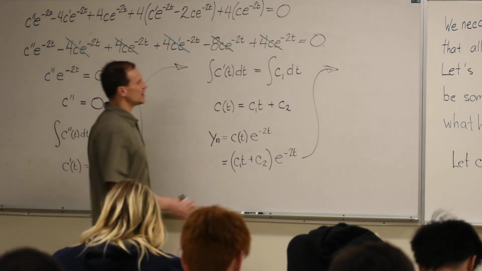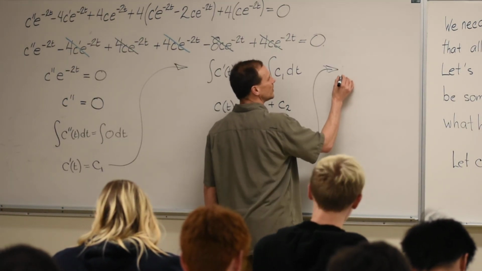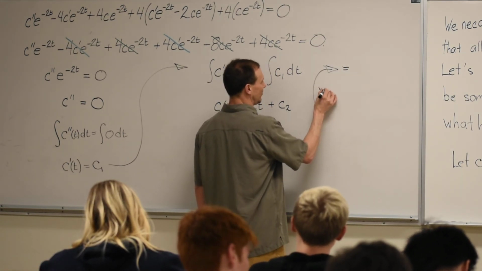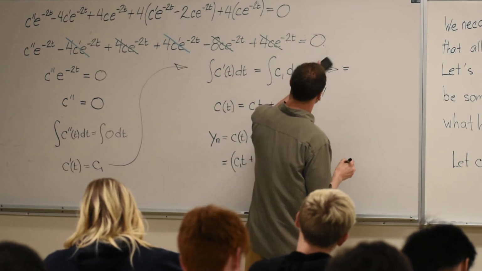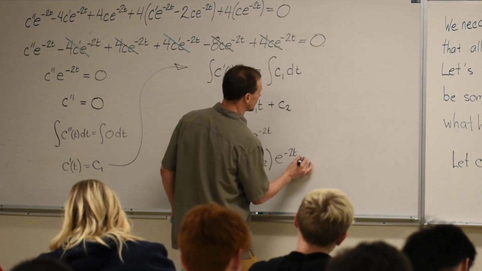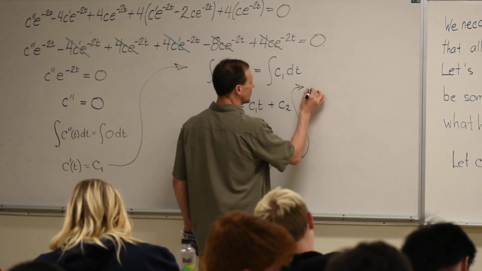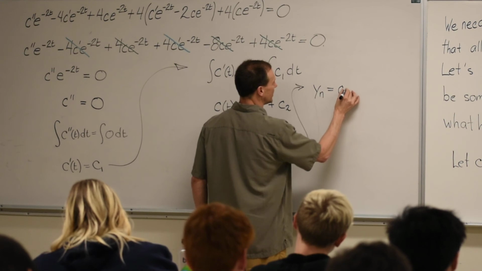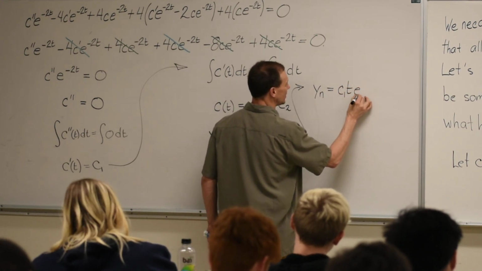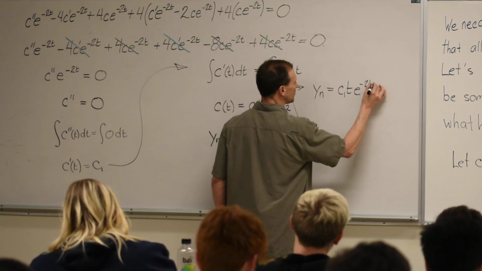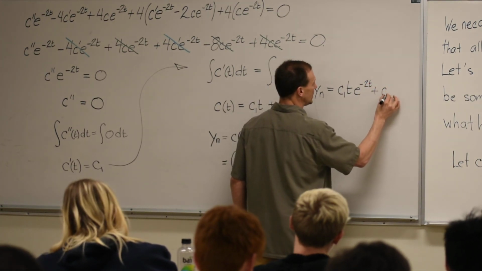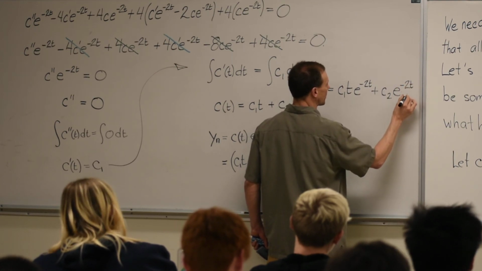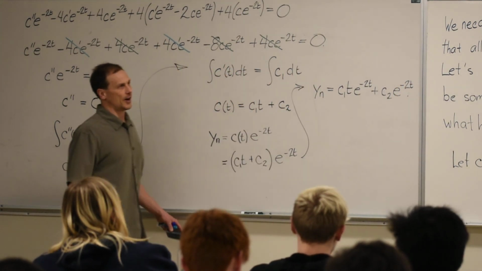Let's distribute. And so we can say our null solution, y null, is C1 times t e to the minus 2t plus C2 e to the minus 2t. All right, let's stop there.